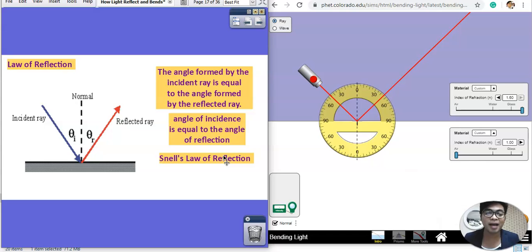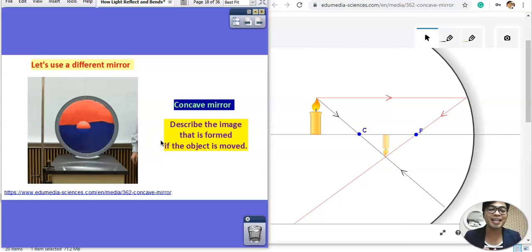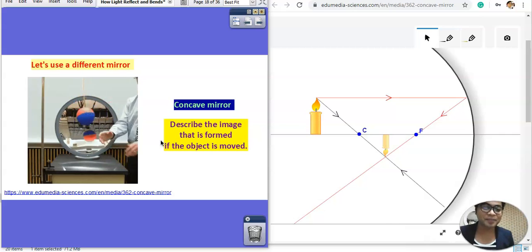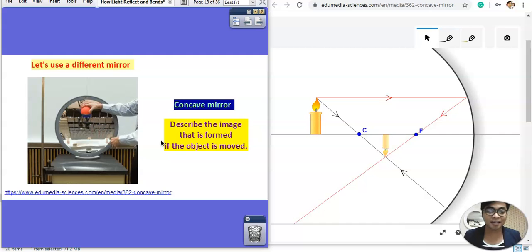It was discovered by Snell, a scientist, and sometimes we call it the Descartes-Snell law of reflection. To identify the law of reflection, we have been using a plane mirror, and that's why you can see a reflection. And again, the angle of reflection is always equal to the angle of incidence.